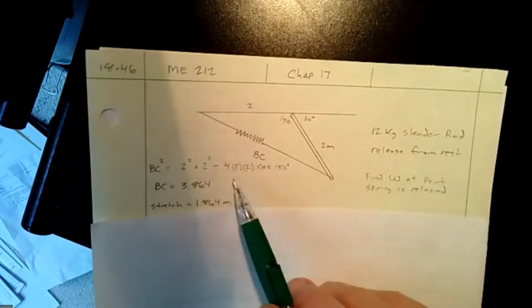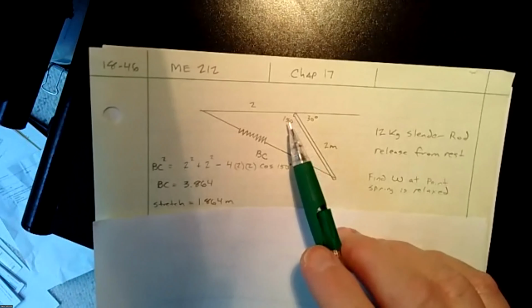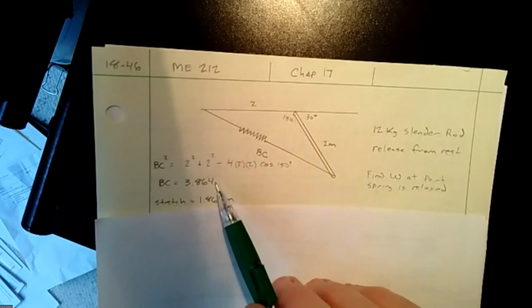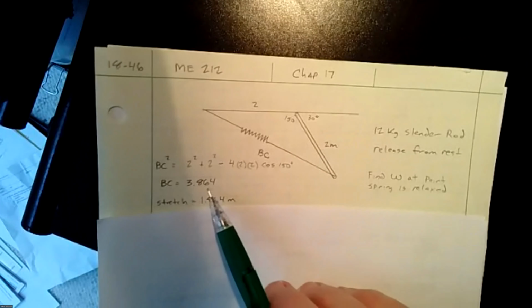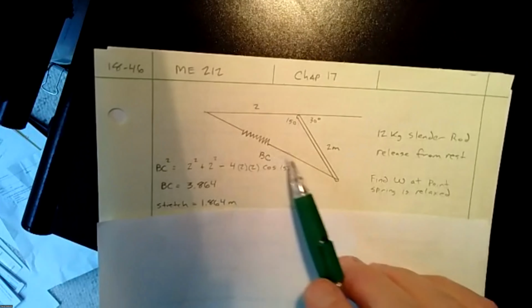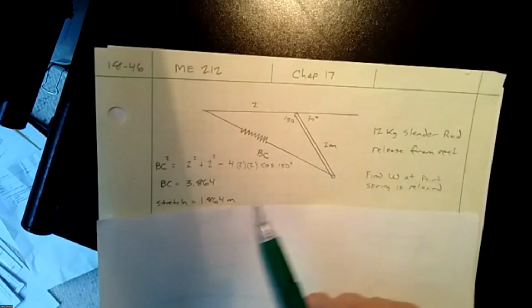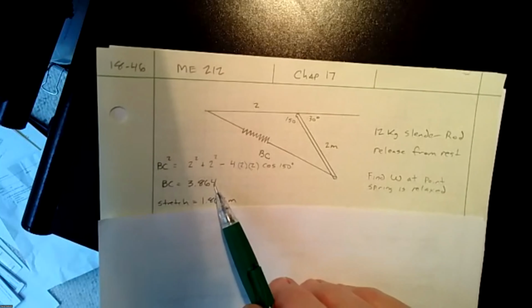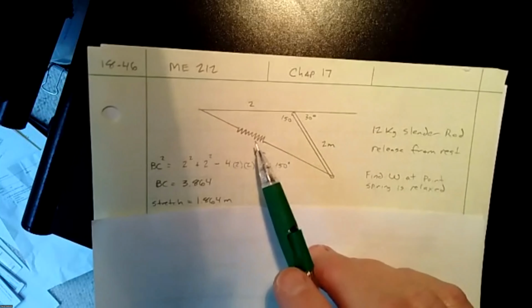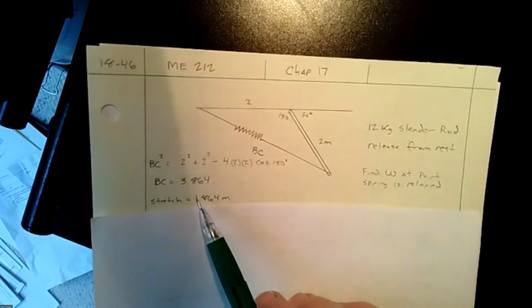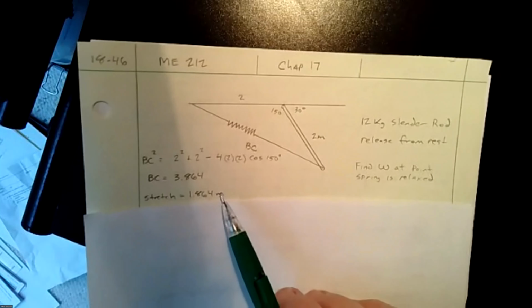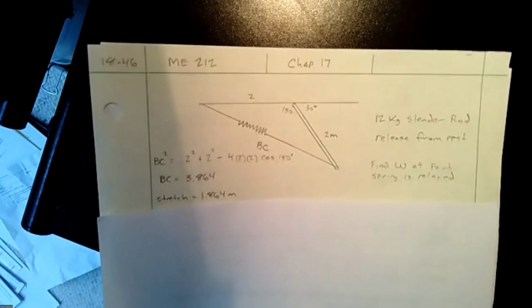We know the stretch, so we can use the law of cosines to find the distance BC. Now we know it's stretched at this location in space, it's stretched 3.864. And we're given that its relaxed state is 2. So it has a stretch of 1.864 meters. Of course, that's important because that's going to give us the elastic potential energy that's involved.